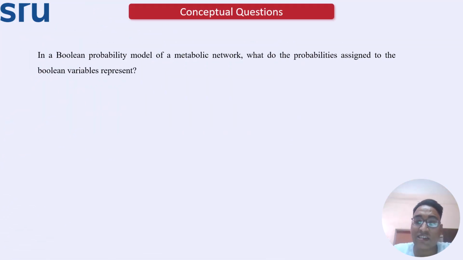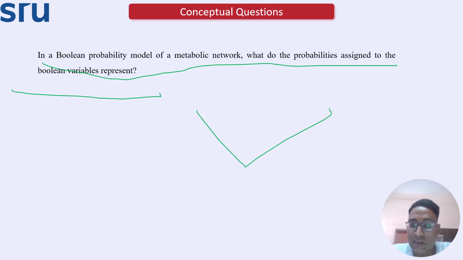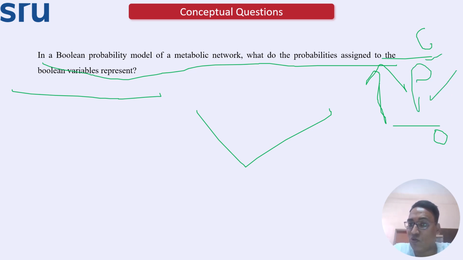Now let us answer this conceptual question. In a Boolean probability model of a metabolic network, what do the probabilities assigned to the Boolean variables represent? The probability means whether it's actually coming up to that concentration level or not. Okay, concentration defines the Boolean variable. But whether it's actually coming up to the required concentration or not, the probability tells it.